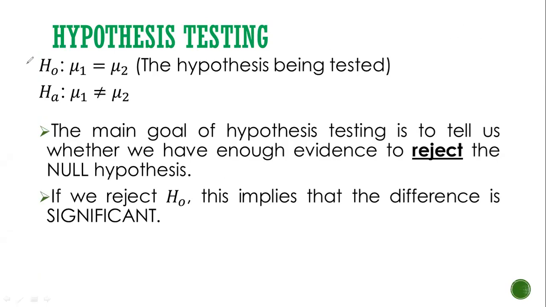We said that your H naught or your HO, we are just stating that there is no difference. So either you may use your mu sub 1 or mu sub 2, or pwede rin naman na your HO will be your mu is equal to K.